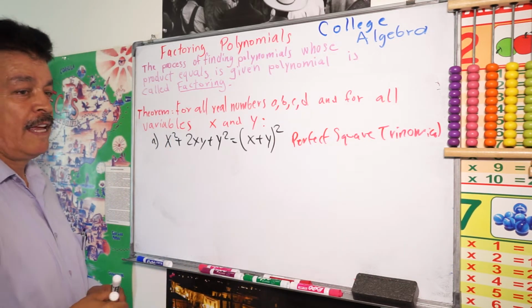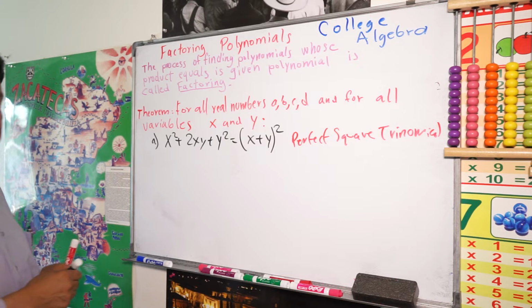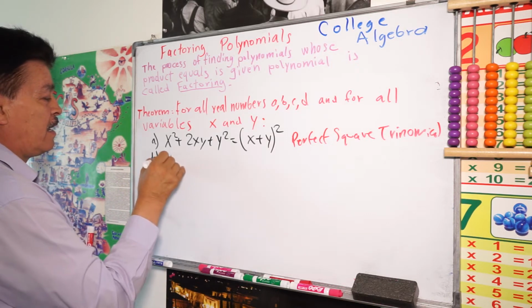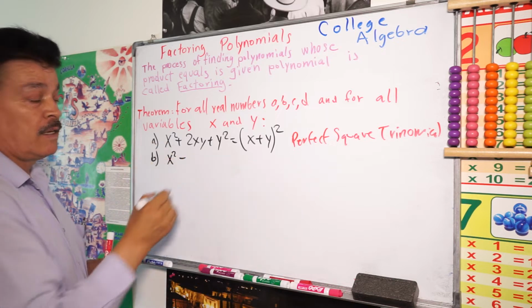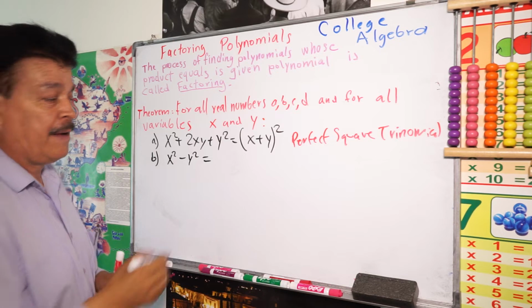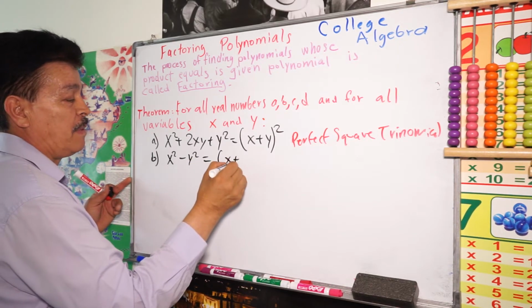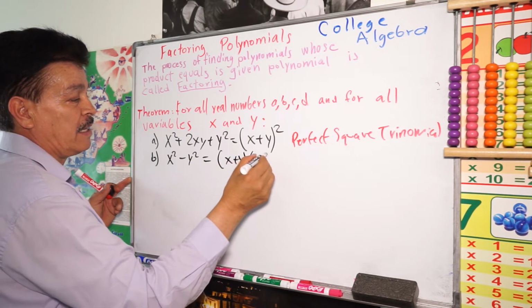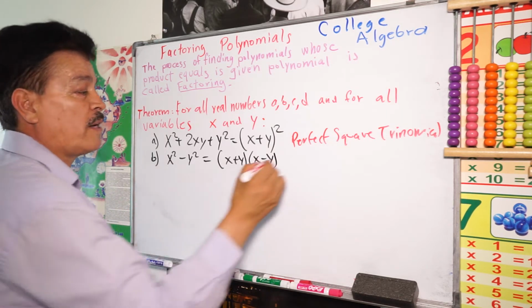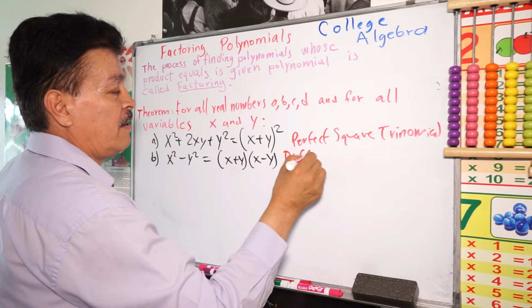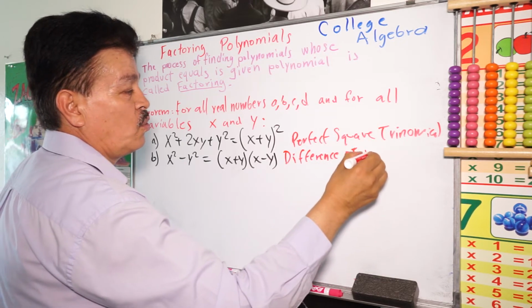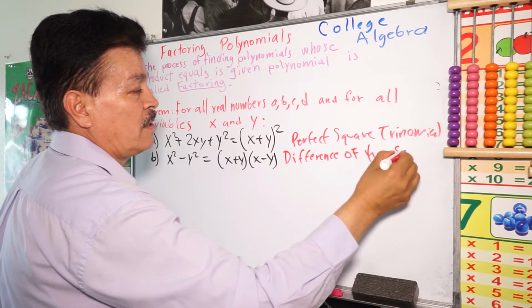Another case is x squared minus y squared equals x plus y times x minus y. Do you remember this? This is the difference of two squares.